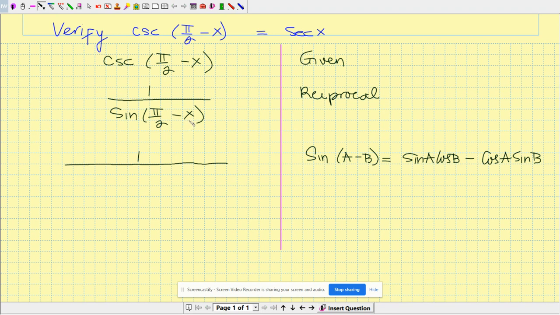Our angle B will be x. So that will give us sine pi over 2 times cosine x minus cosine pi over 2 sine x.